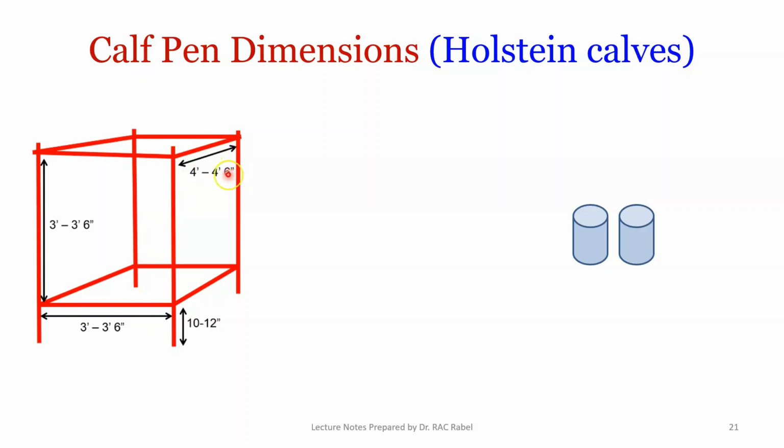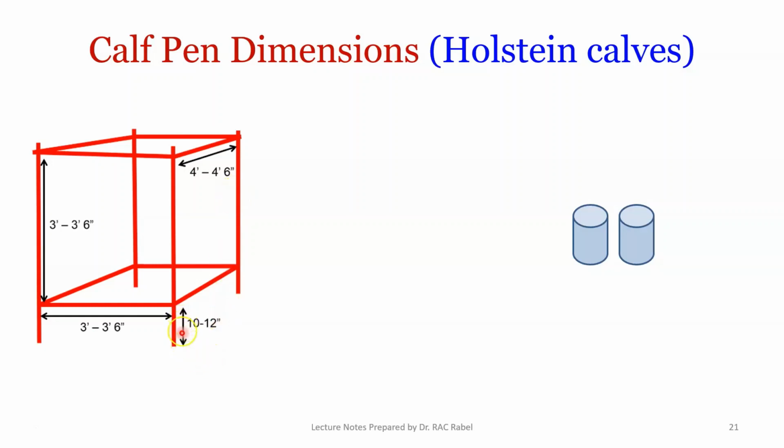If it's a large calf, it should be on this side, and if it's a small calf, it should be on this side, right? So if it's a Jersey farm, then the dimension should be 3 feet wide, 3 feet tall, 4 feet long. Whereas if it's a Holstein Friesian farm, then they should be 3.5 feet wide, 3.5 feet tall, 4.5 feet long, right?